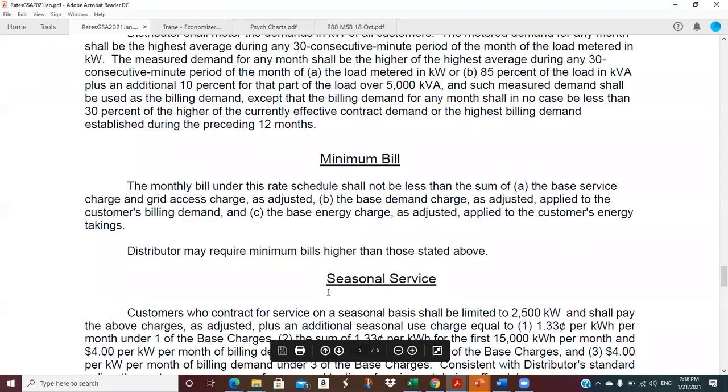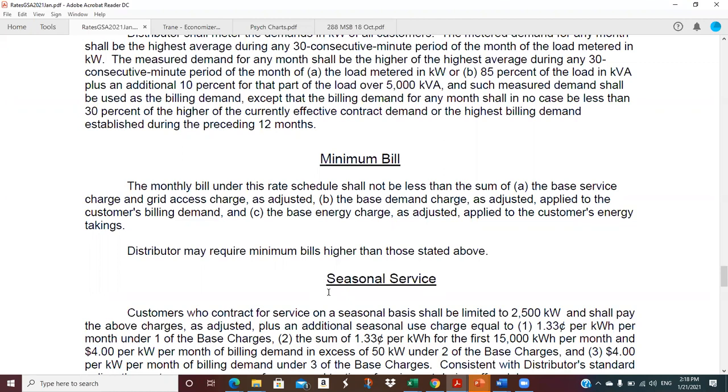Minimum bill. The monthly bill under this rate structure shall not be less than the sum of A, the base service charge and grid excess charge as adjusted. So they're going to take that, they're going to add to it the base demand charge as adjusted, applied to the customer's billing demand, and C, base energy charge.